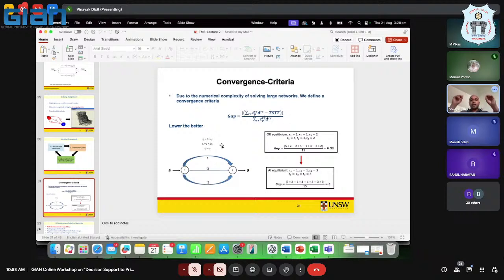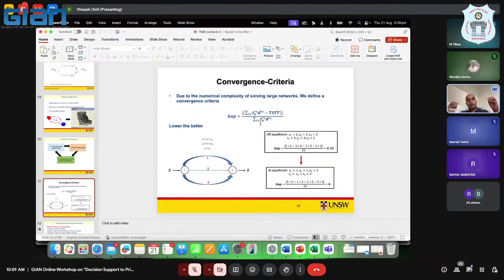Then I take each OD and multiply that with the OD trips, and I multiply that with the shortest path. So DRS is the total trips between origin R and destination S. TPRS is the shortest path between origin R and destination S. And then we divide that by this.